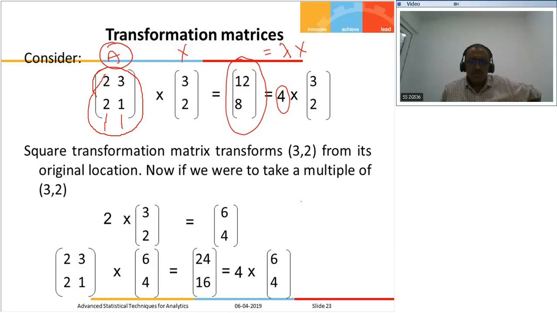This row into this column: 2 into 3, 6, plus 3 into 2, 6, that is 6 plus 6, 12. Next row and this column: 2 into 3, 6, plus 1 into 2, 2, 6 plus 2, 8. So we are getting 12, 8. Now if I take 4 outside, I can write this as 4 into the same x here.